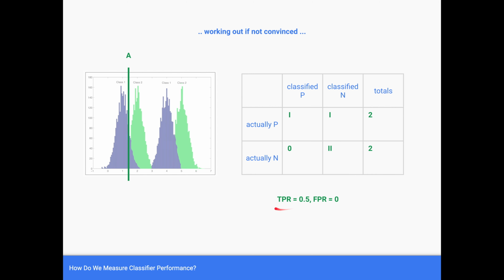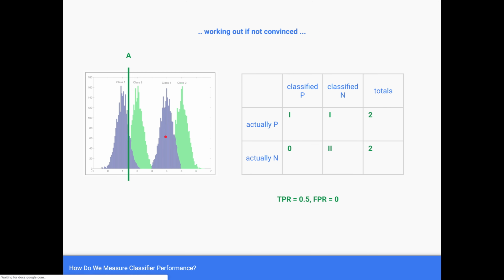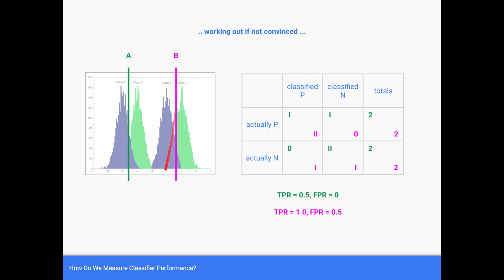And we have a true positive rate of 1/2 and a false positive rate of 0. And that was the point on the chart. It was around here, so because we're using simplified data, it's going to be here: 0.5, 0.